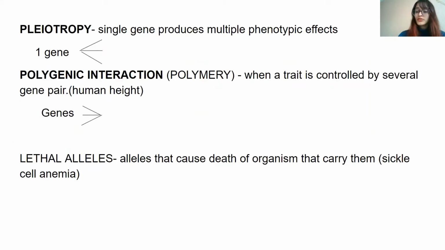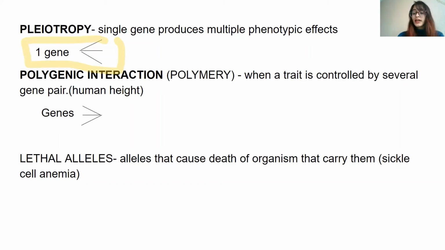So moving on to pleiotropy. People often confuse pleiotropy with polygenic inheritance, or polygenic interaction. Polygenic interaction is discussed in another topic in a later part of this video, but I have also written it here. Pleiotropy means a single gene produces multiple phenotypic effects. So you just need to remember pleiotropy: one gene, many effects.